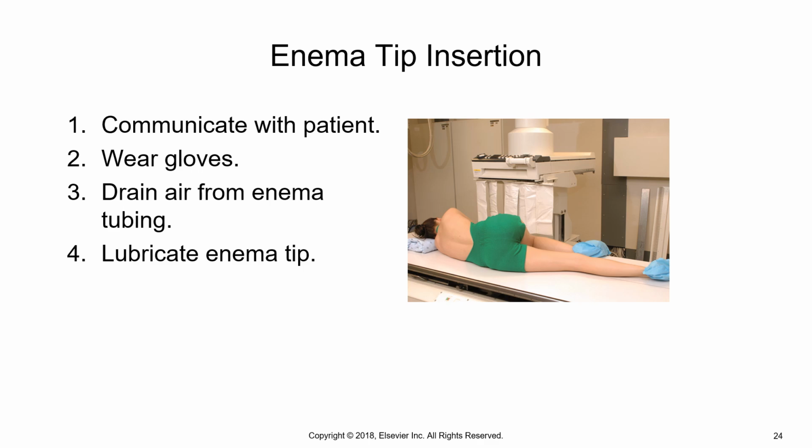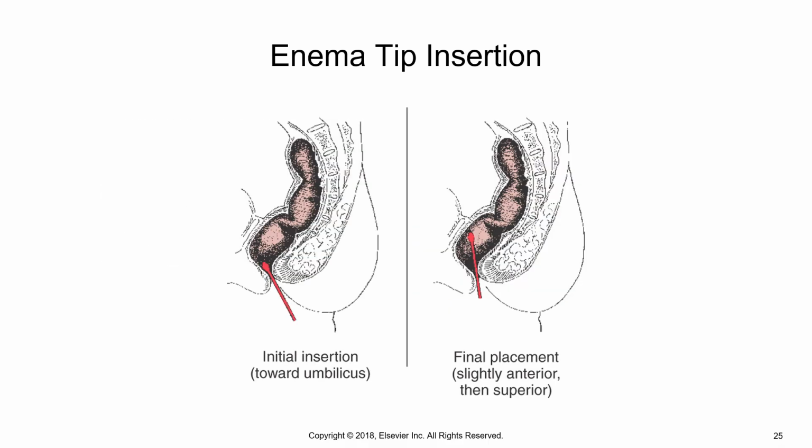Now, as far as insertion of the enema tip, you are going to hear me repeatedly say the enema tip is inserted up and towards the umbilicus. Okay, up and towards the umbilicus. They reference that the rectum has a double curve. So typically your enema tip is inserted, if you read this, it says it's inserted in a forward direction approximately 1 to 4 inches.